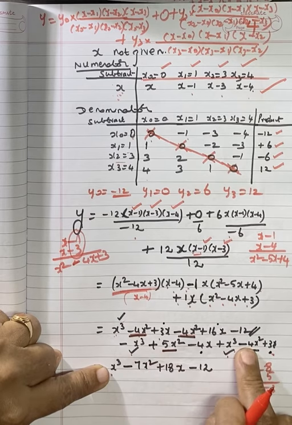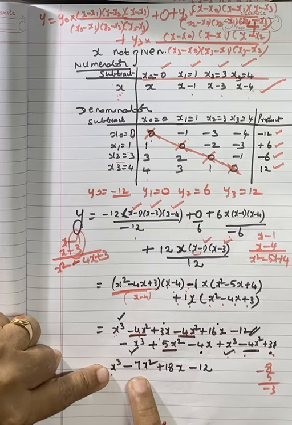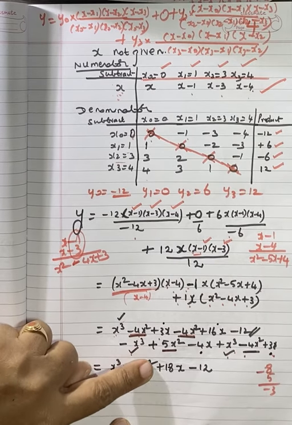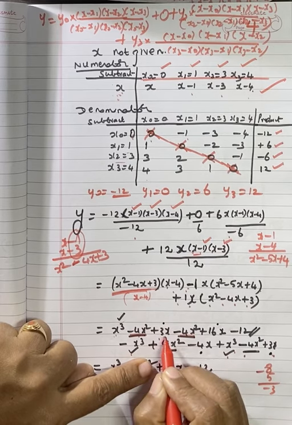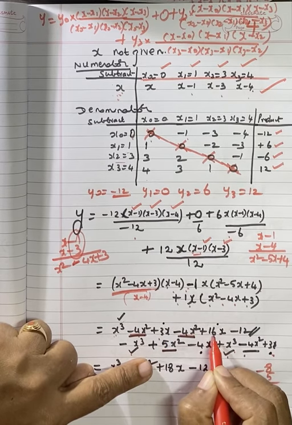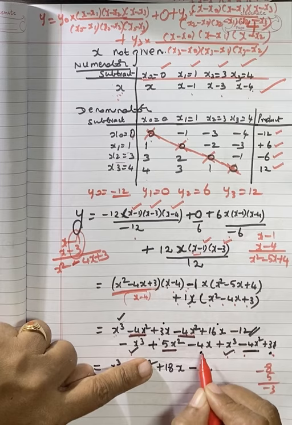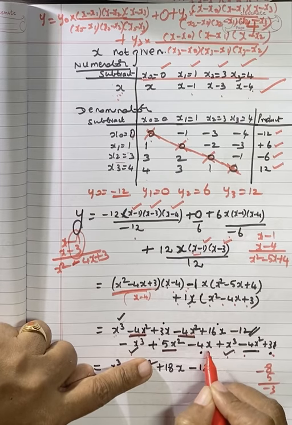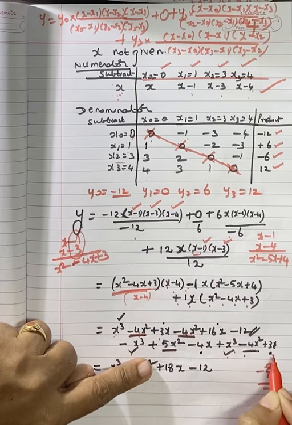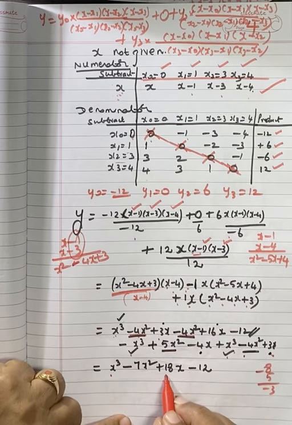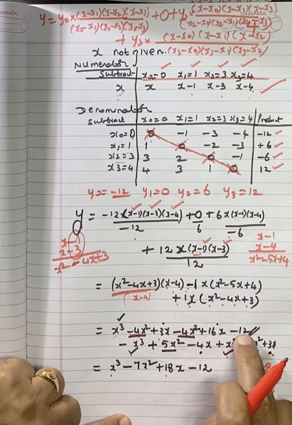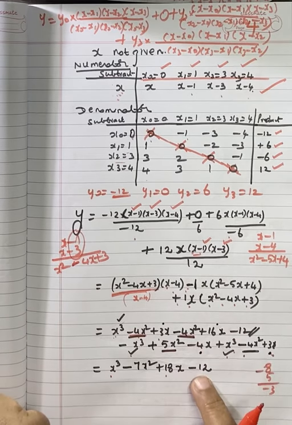Minus 3x square minus 4x square is minus 7x square. So x square over x, 3x plus 16x, 19x minus 4x. So 15x plus 3x, 18x. Number minus 12. Only one number is there, minus 12.